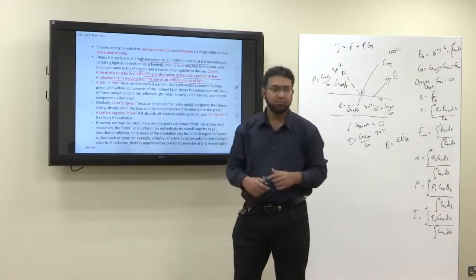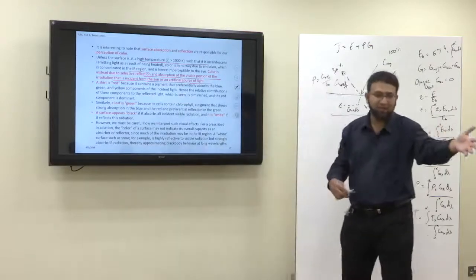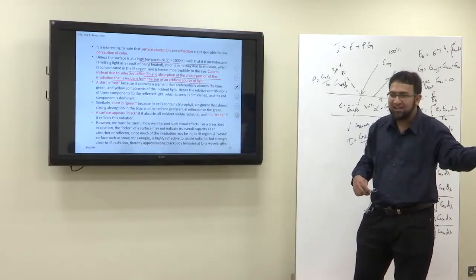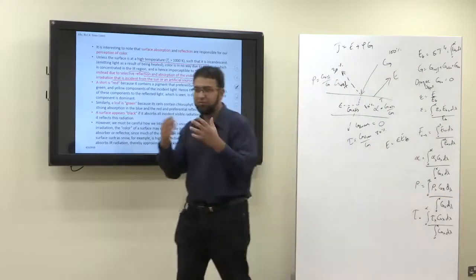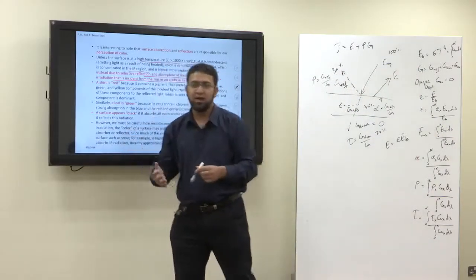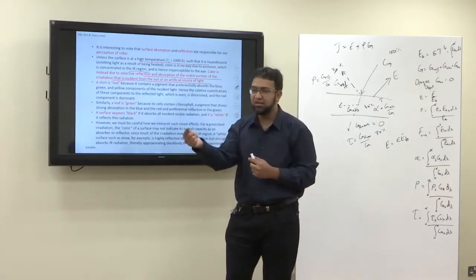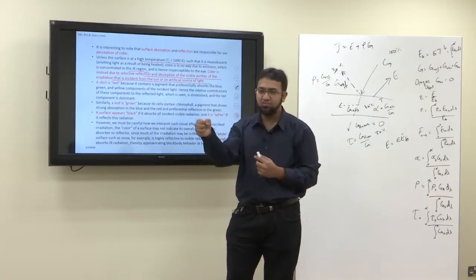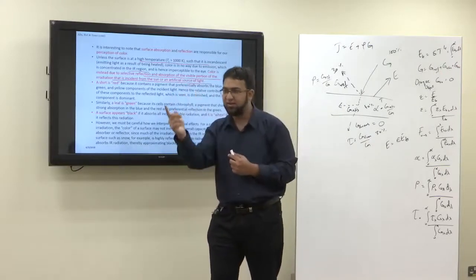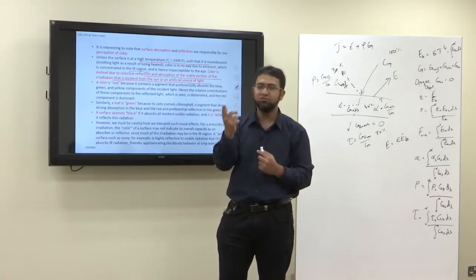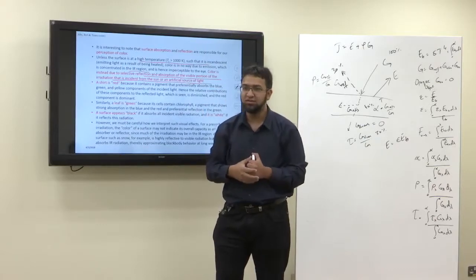It is not perfectly black, it's grayish, there is some reflection. But from this, we define different colors. A green leaf appears green because it has pigments that absorb all wavelengths other than green. Green is reflected back, so when it comes to our eyes, it appears green.